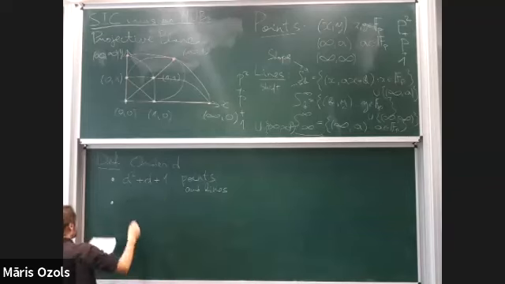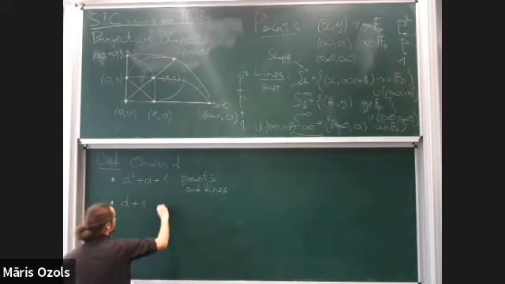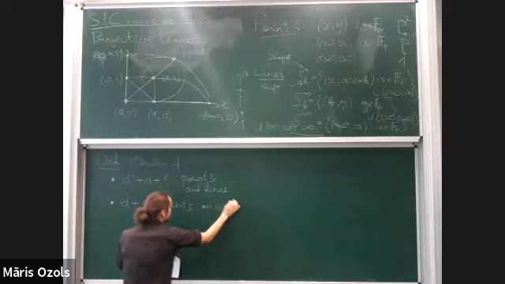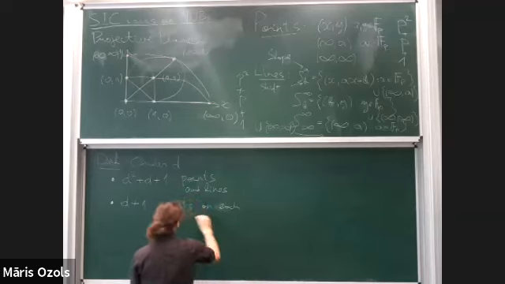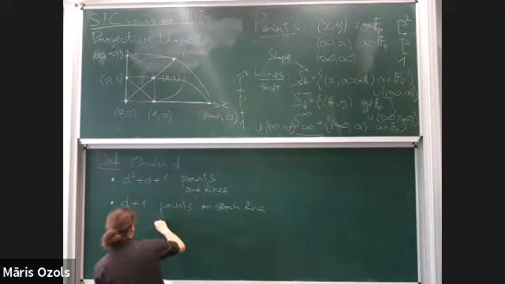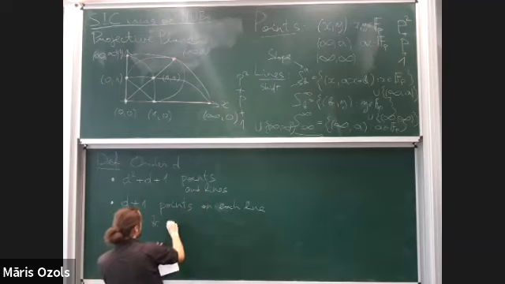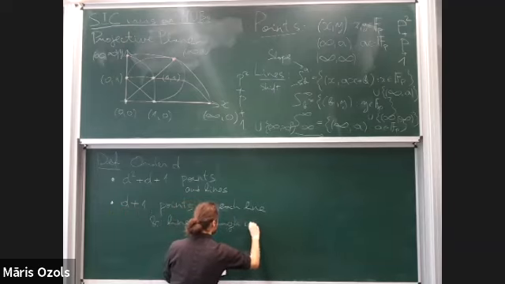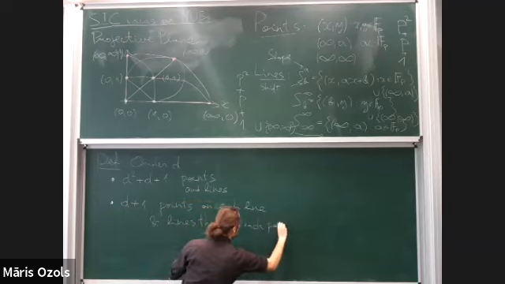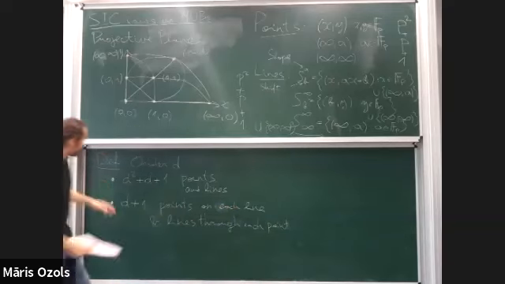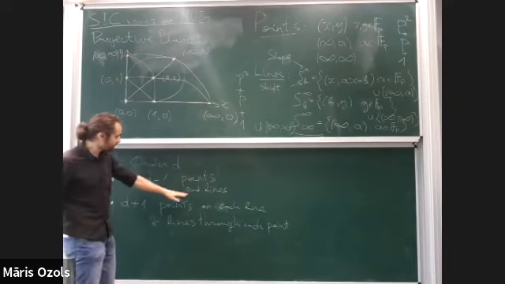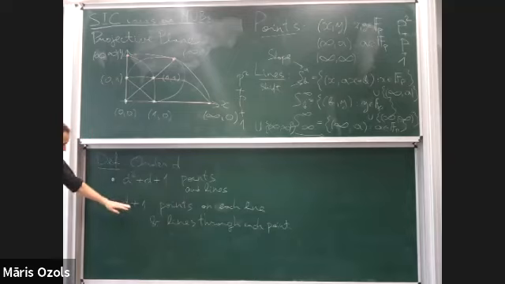The second property is that there will be d plus 1 points on each line, and also the same number of lines through each point. So in general, for a projective plane of order d, we want d squared plus d plus 1 points and also the same number of lines. There should be d plus 1 points on each line, and through each point, there should be d plus 1 lines.